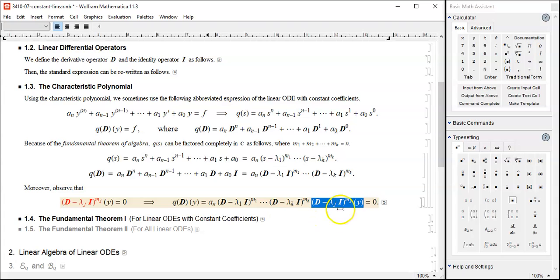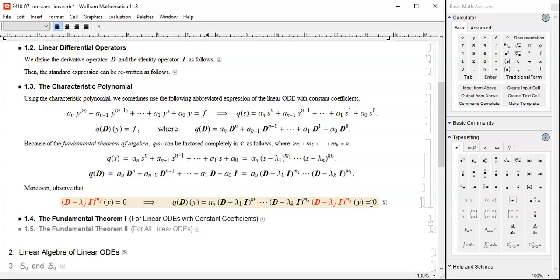Why can I do this? Because we have all those commutativity in all those multiplications. Basically what we are doing is multiplying D times D many times, and that's commutative because left hand side and right hand side is the same. And also D times I or I times D. And the identity is commutative with everything, so yes, everything is commutative.